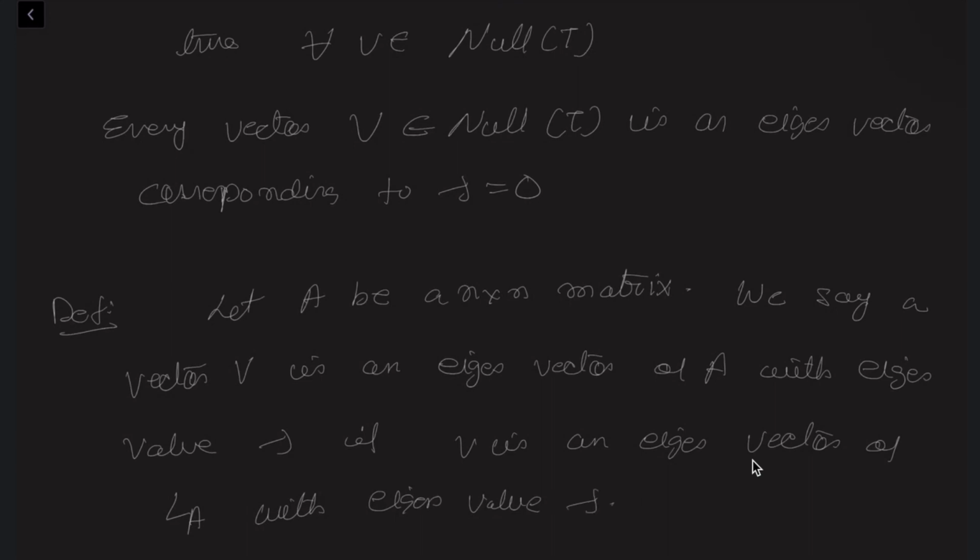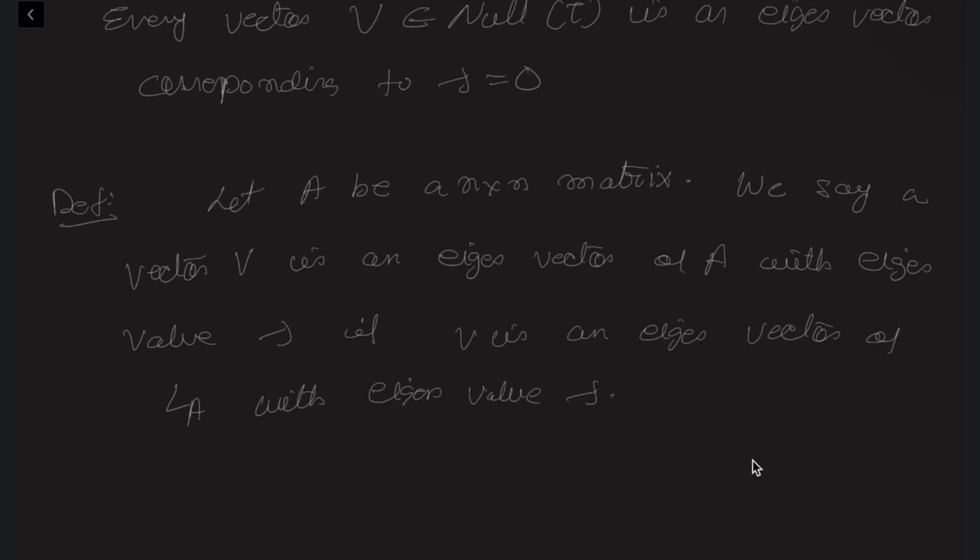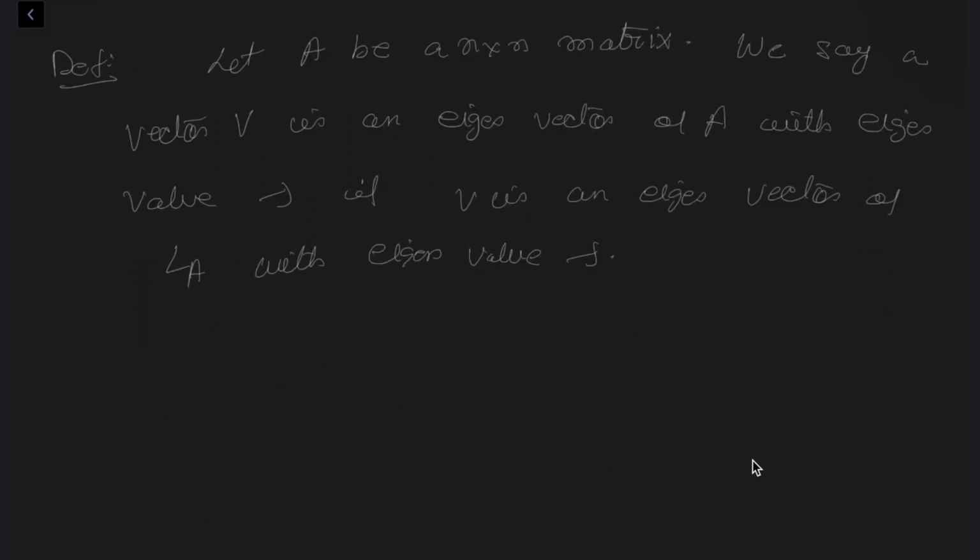That any eigenvalue or eigenvector of the matrix is actually the eigenvalue or the eigenvector of the corresponding linear transformation. Okay. So for example, you know that in a diagonal matrix, the diagonal entries are the eigenvalues.